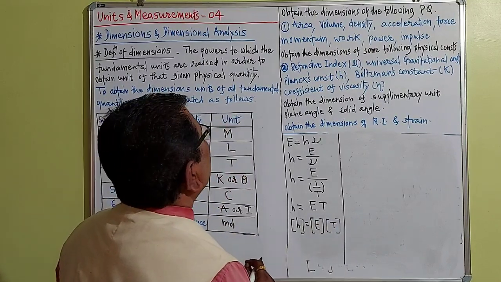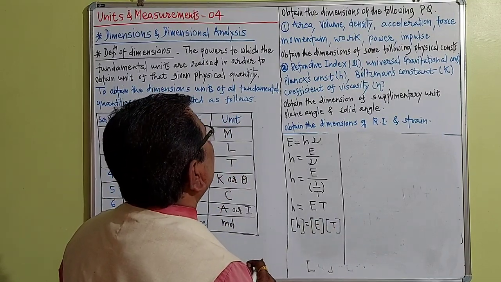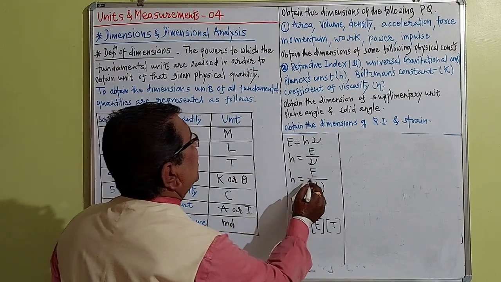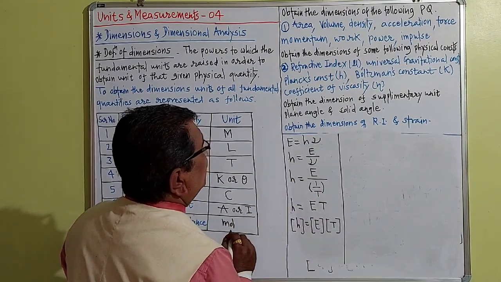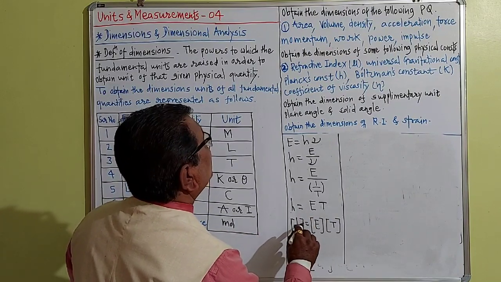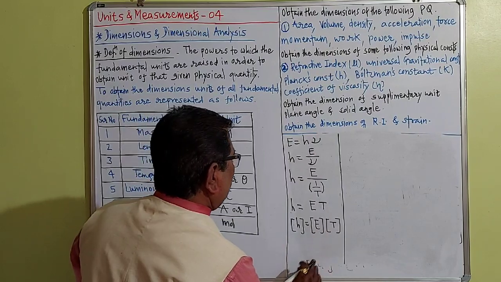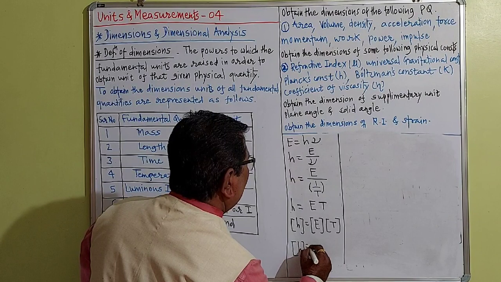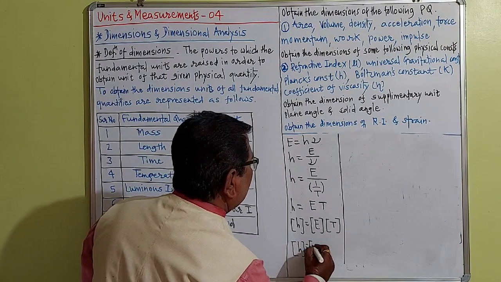E is equal to h nu, h is equal to E upon nu. So E upon 1 upon T, that is h is equal to E into T. So what do you get here? Dimension of h is equal to, what is the dimension of energy?